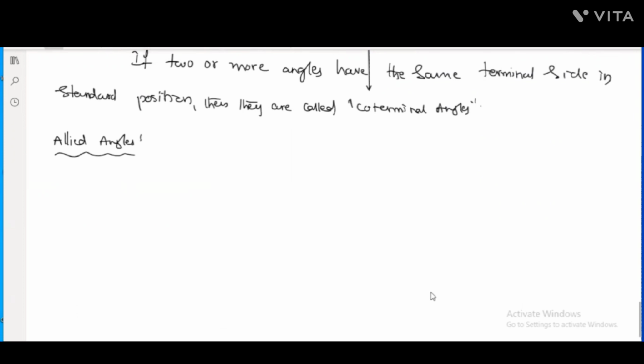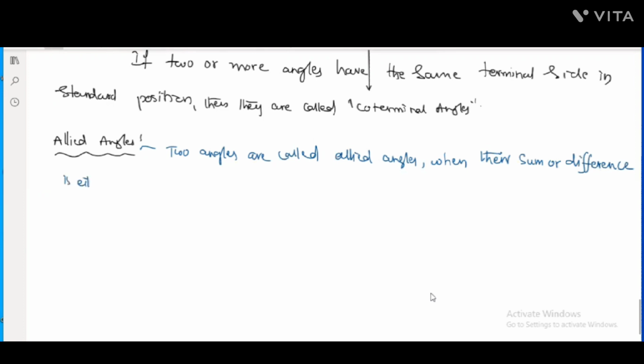Two angles are said to be allied angles if their sum or difference is either 0 or a multiple of 90, or we can say pi by 2. Then they are called allied angles.